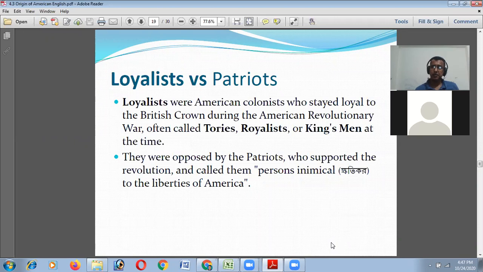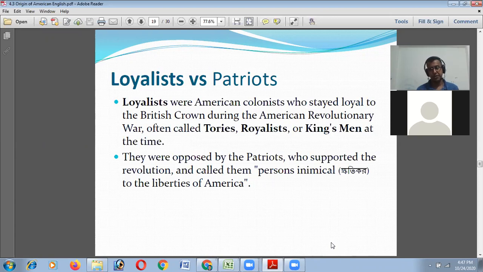Among the British people who had been living in America at the time, some supported American independence, meaning America should get independence from Britain. This group is called the patriots.